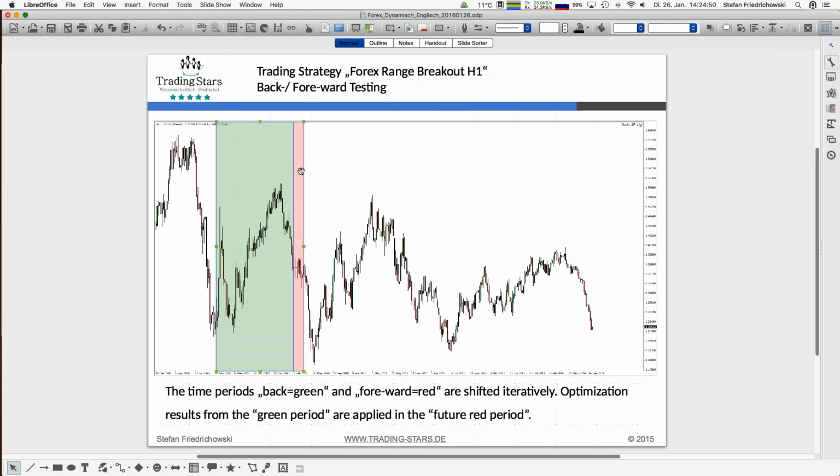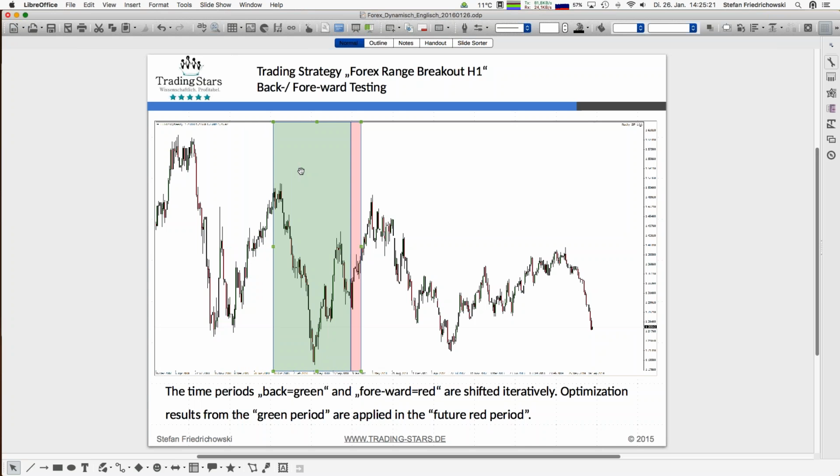For this red box, we do our trades according to the parameters set by the optimization process, and we record those trades. Afterwards we shift the box slightly, once again do the optimization, apply the results to the following future, and so on and so on.